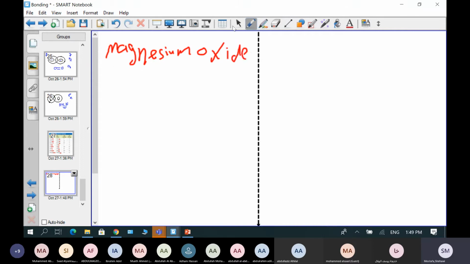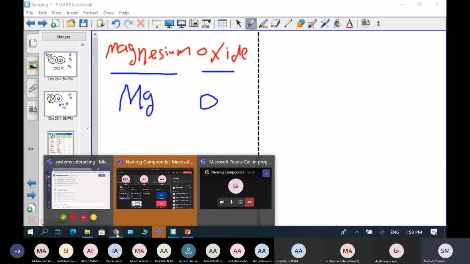Magnesium has the symbol Mg, capital M, small g. This is the positive part, this is the negative part. And oxide, from oxygen, has the symbol O. Magnesium exists in group 2.